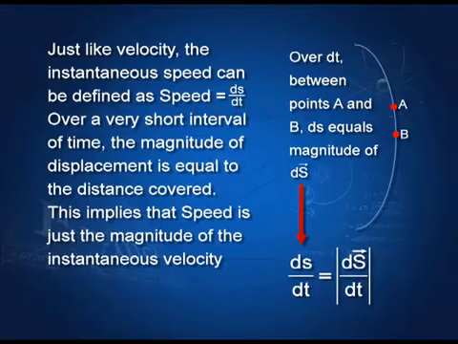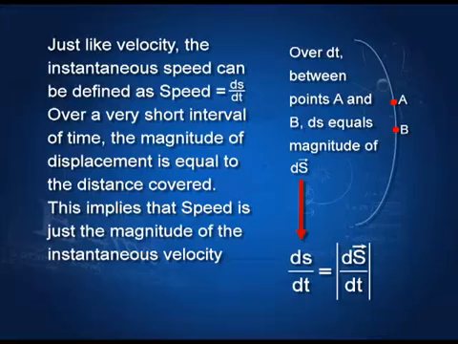So, the speed is just the magnitude of the instantaneous velocity. Just like velocity, instantaneous speed can be defined as ds by dt. Remember that small s denotes the distance covered, whereas capital S with an arrow on it shows the displacement.